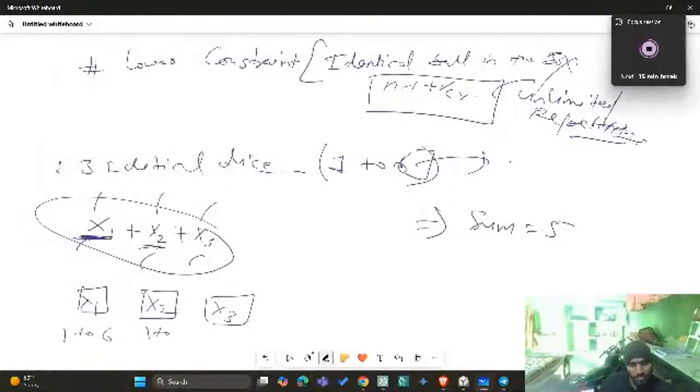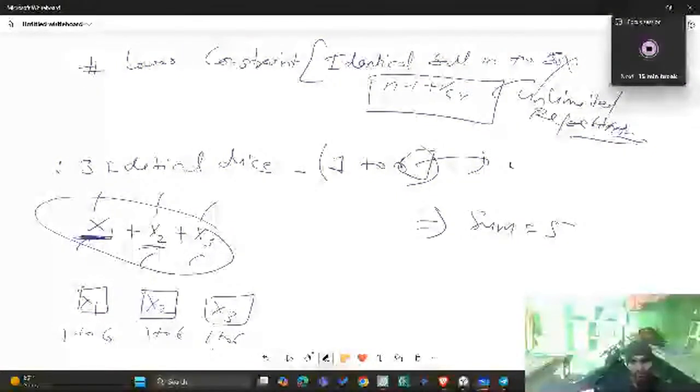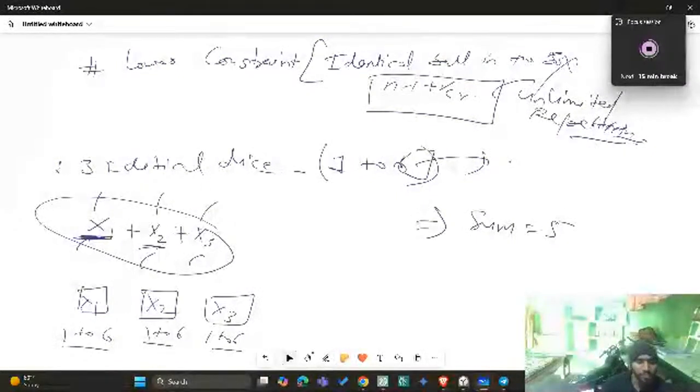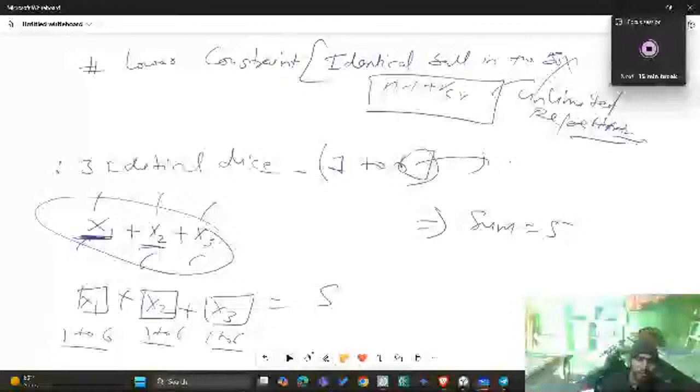All these values should total 5, so the sum is 5.